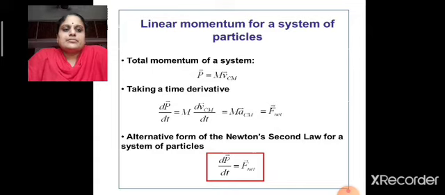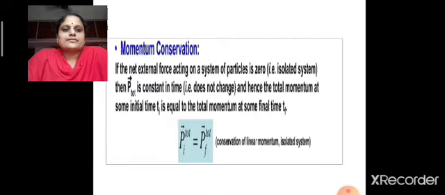M into A_CM is replaced by net force F_net according to Newton's second law. Or we can say dP by dt is equivalent to F_net, which is in accordance with Newton's second law of motion. According to the principle of conservation of momentum, if the net external force acting on a system of particles is zero, then momentum is a constant, or the total momentum is conserved.